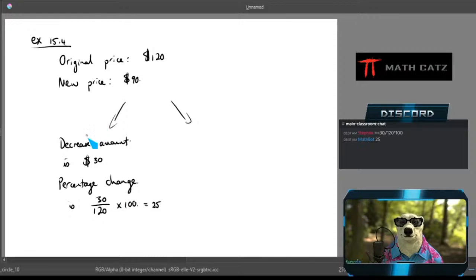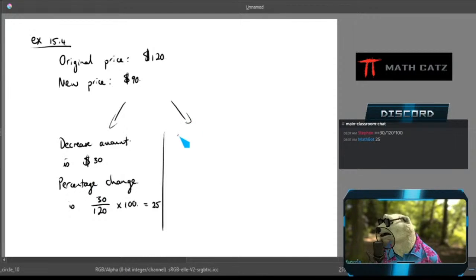Okay, so on the one hand, I can do it this way, and there's nothing wrong with that. Sometimes it feels a little bit more intuitive to me to focus on the change amount because I want to know what is the percentage discount, the percentage change, the percentage decrease, or whatever you want to call it.